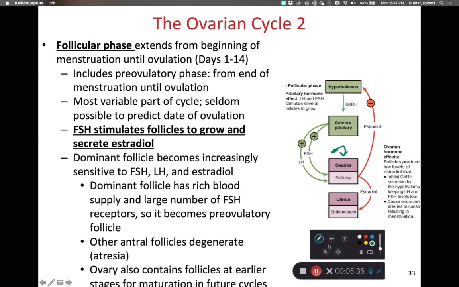The organ is the ovary, and we have a follicle on the ovary, and that follicle is releasing estradiol in low concentrations. And a low concentration of estradiol is going to go up to the hypothalamus and downregulate gonadotropin-releasing hormone secretion. And as that downregulates GnRH secretion, it's not going to completely stop it, it just reduces it.